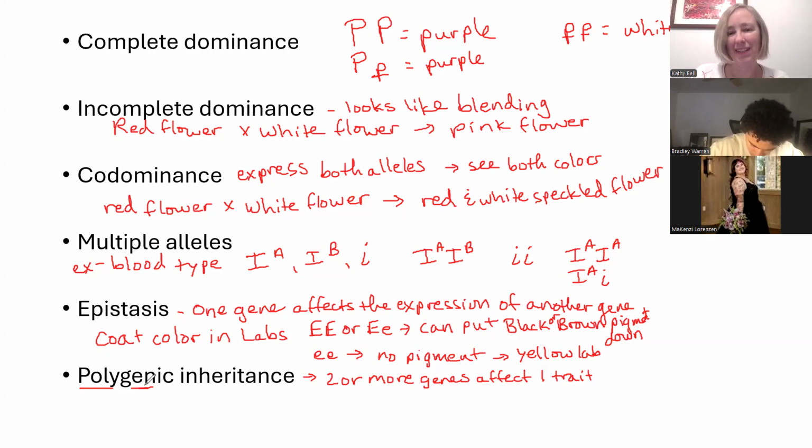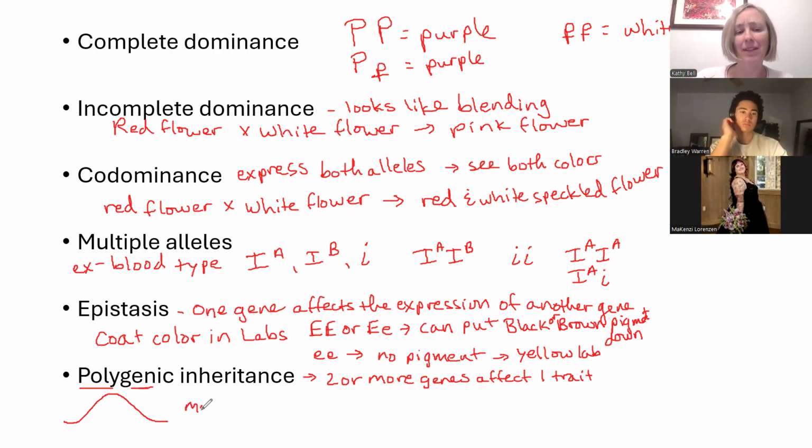With polygenic inheritance, how you recognize these is you're going to see a bell-shaped curve. If you plot out all the people in the population, looking at maybe height or skin color, these are what we call more or less traits.